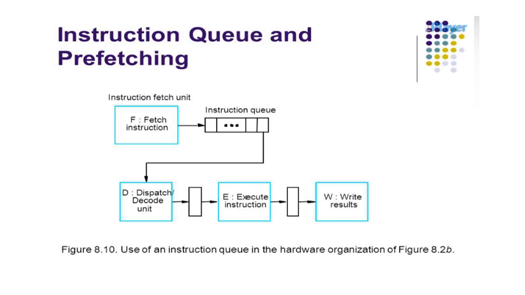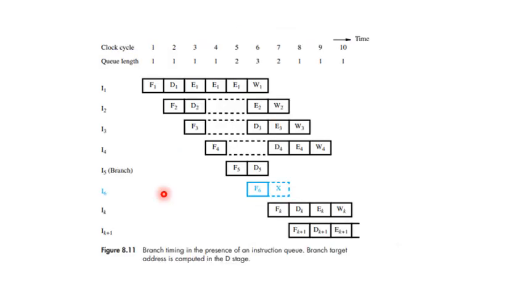Conversely, if there is a delay in fetching instructions because of a branch or a cache miss, the dispatch unit continues to issue instructions from the instruction queue. This figure illustrates how the queue length changes and how it affects the relationship between the different pipeline stages. We have assumed that initially the queue consists of one instruction.